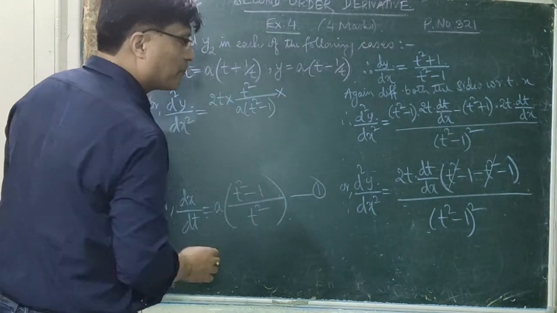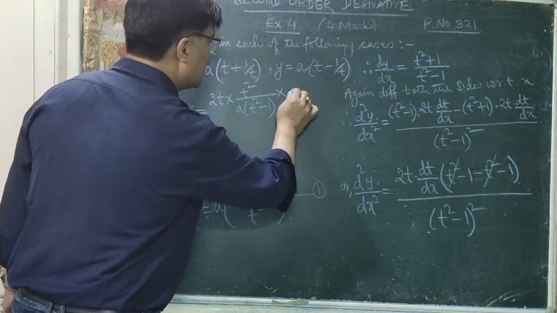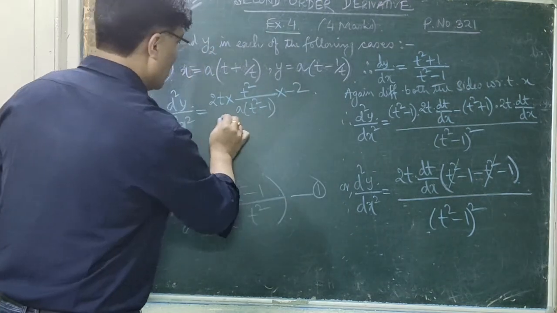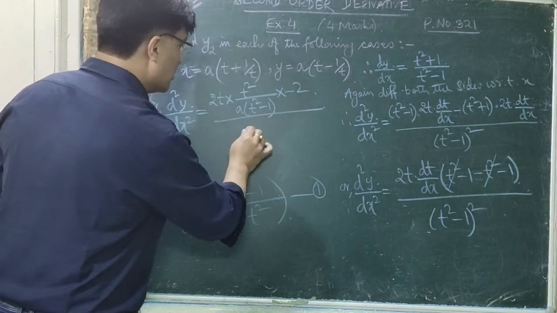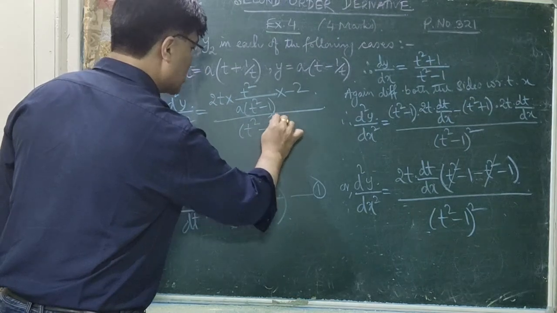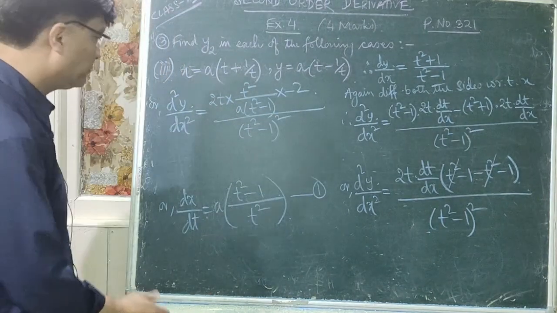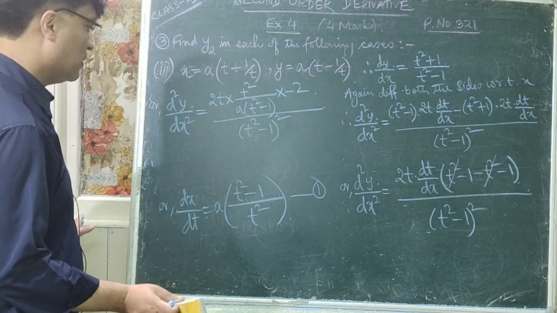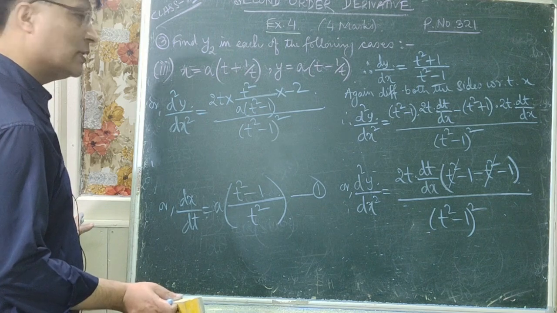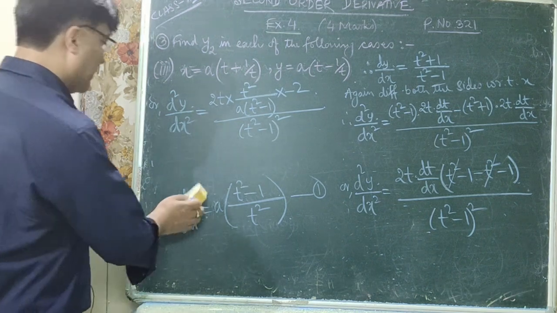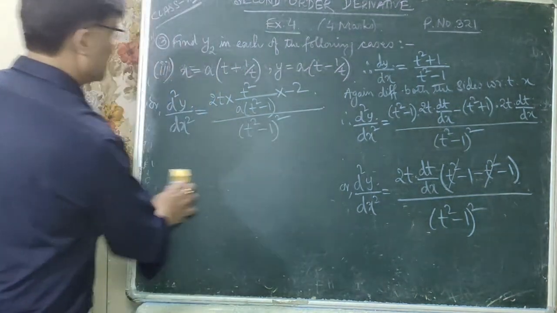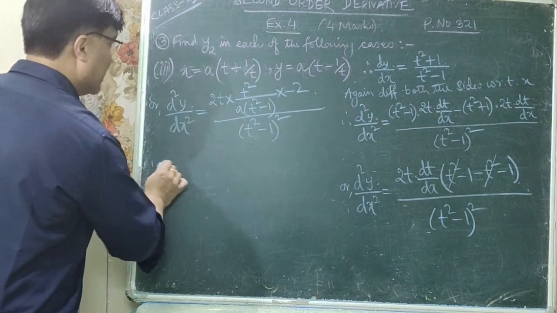So into what will you write? Minus 1 is minus 2, whole divided by, this is your t square minus 1 whole square. So I think you have understood it, okay? So now let us simplify it again. So let's simplify it once again.